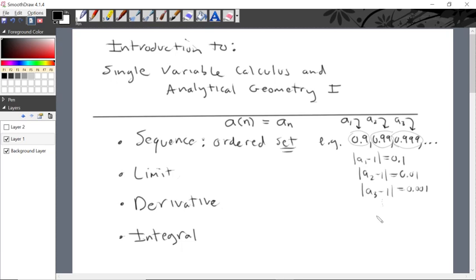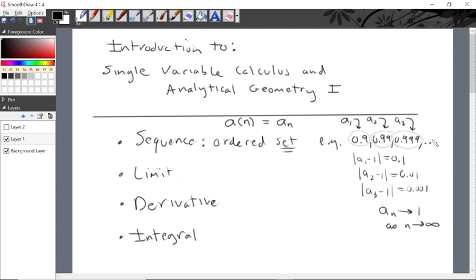What we are finding here is that the difference between any value in the sequence and the value that the sequence seems to be approaching gets smaller as the input gets larger. So we might say that a sub n, the nth term in this sequence, seems to be approaching 1, and it gets closer and closer to 1 as n, the input that tells us where we are in the list, approaches infinity.